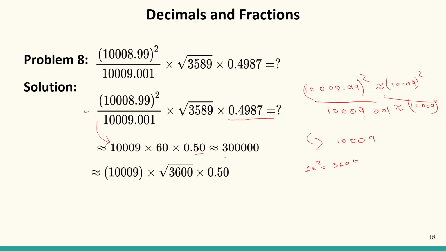So the answer will be near 3 lakh. So the square root of 3589 is approximately equal to the square root of 3600, that is 60. So what we are left with is 10009 multiplied by 60 multiplied by 1 by 2.